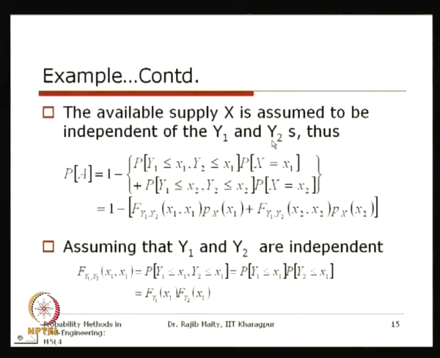Here one thing I want to mention is that even though this is written here, it is not so in practice. When we decide what the supply should be, a lot of analysis is done to determine that. But once we have decided that, what is meant here by independence is that demand and supply are independent.